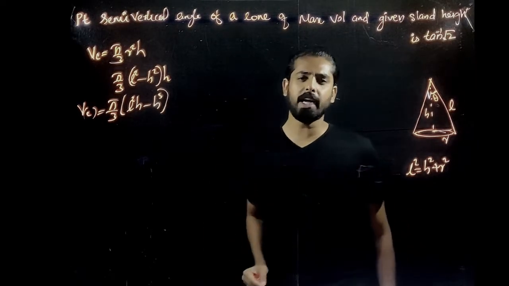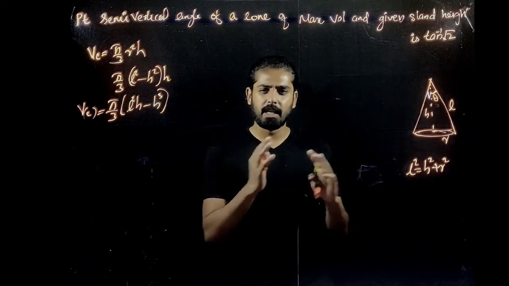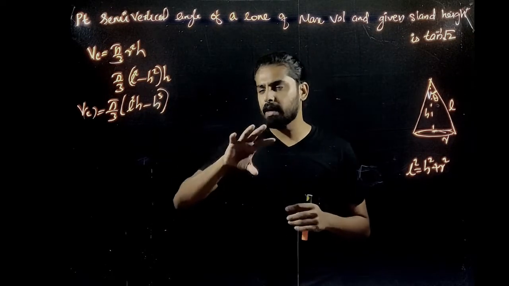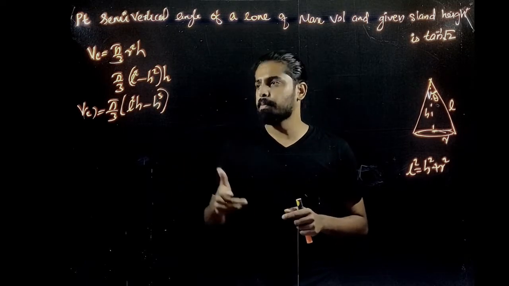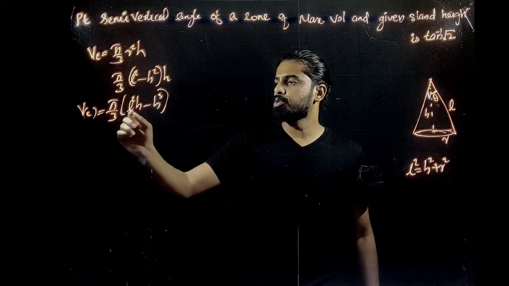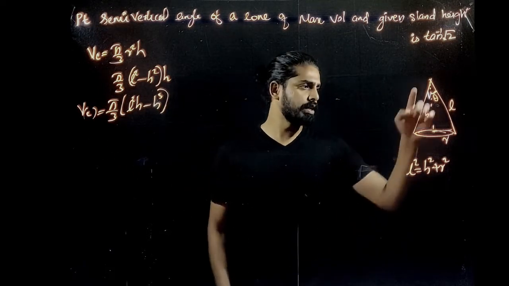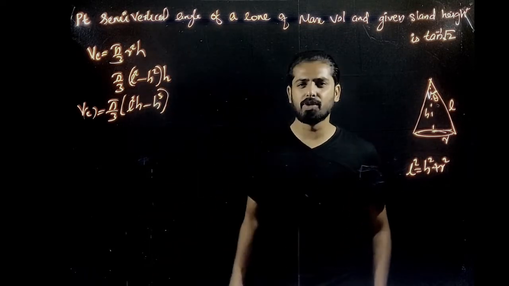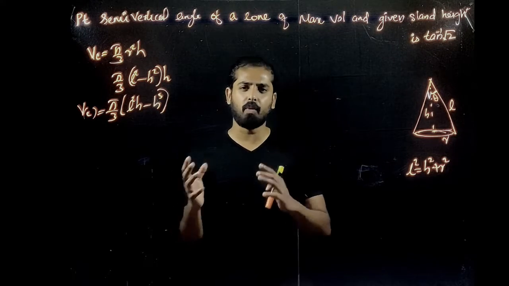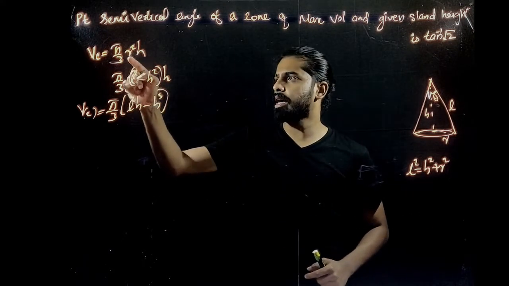You always make sure that the function is in the form y equal to f of x, which means it is in explicit form, not like x and y mixed together. This is volume in terms of h only, right? This L is just a constant. So in all these questions, we have derived the function in terms of y equal to f of x, and always there were two variables like radius and height.